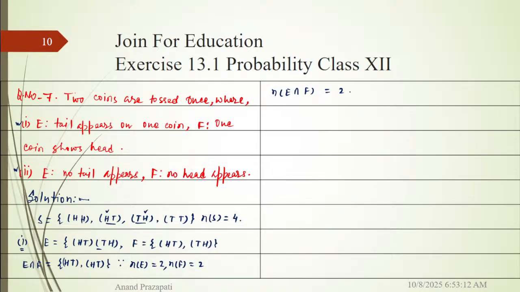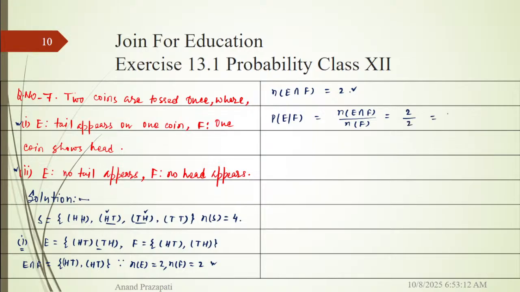So we write down here probability of E by F equal to, we write down here number of E intersection F by number of F. So number of E intersection F is here 2, we write down here 2, and number of F is also 2, so we write down here by 2.